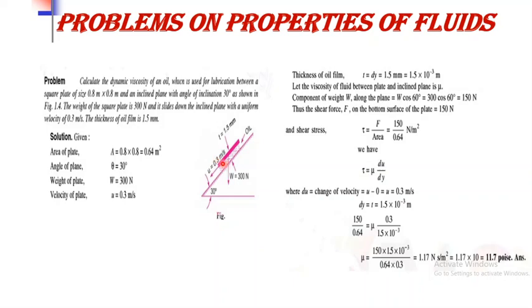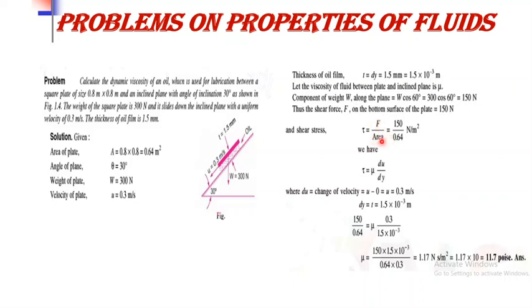So we have to consider the component of that weight parallel to the inclined plane. The value of that is W into cos of 60. The value of W is known, that is 300 cos 60, which is equal to 150 Newton. So the force is 150 Newton.